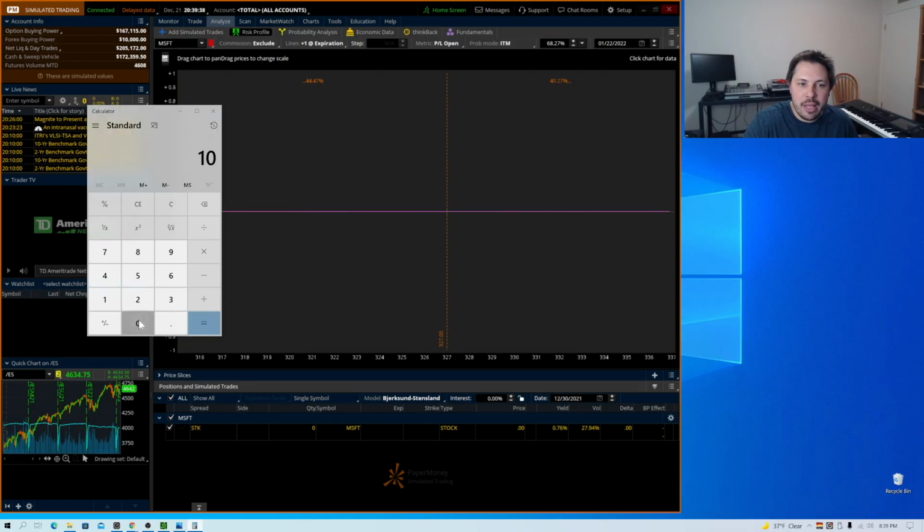Because think about it. If you have a $10 million account and you're using 1% of risk per trade, that means that you could put on a butterfly like this for $100,000.